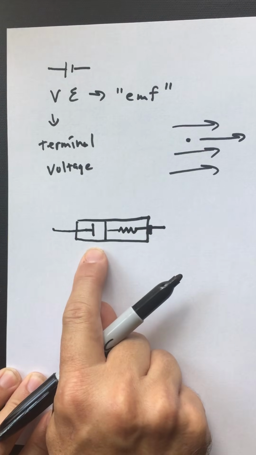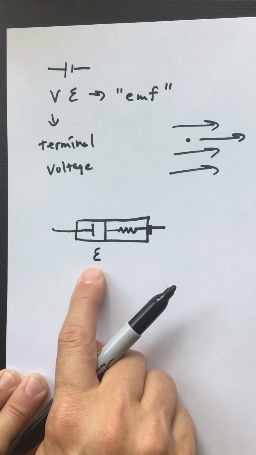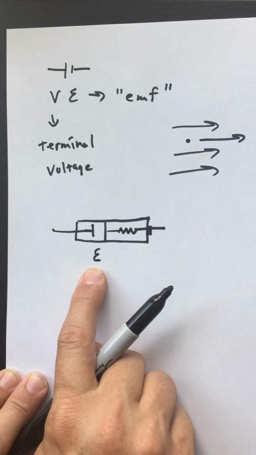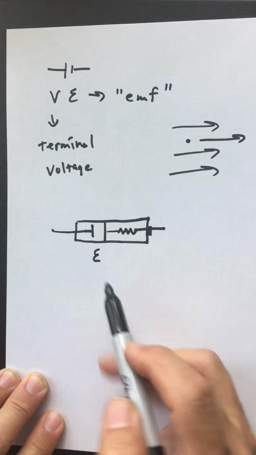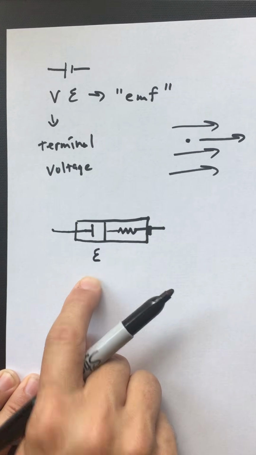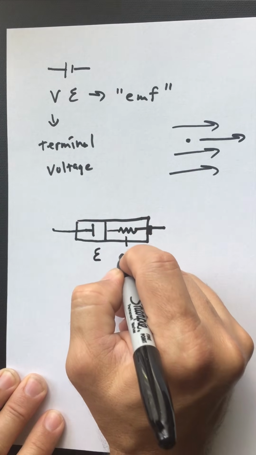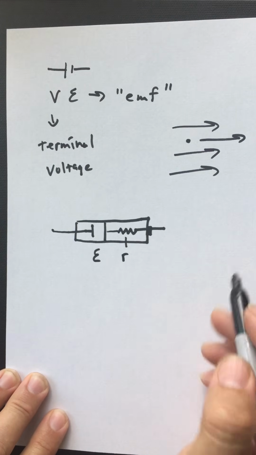So in point of fact, this is called the EMF of the battery. This would be like the rating of the battery. If you bought a 9-volt battery, this would be 9 volts. But what you actually see appearing across the terminals is usually a little bit less than the EMF, because this represents some internal resistance, which we usually denote with little r.